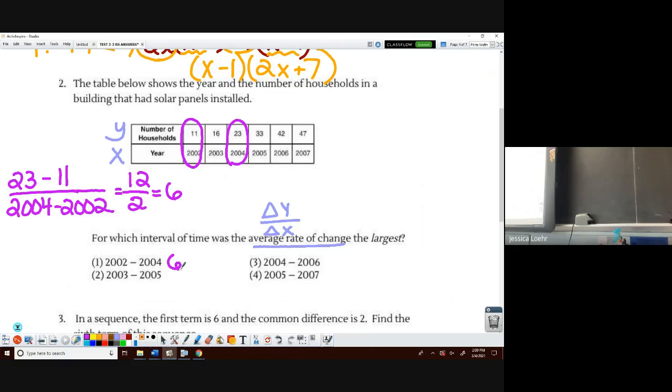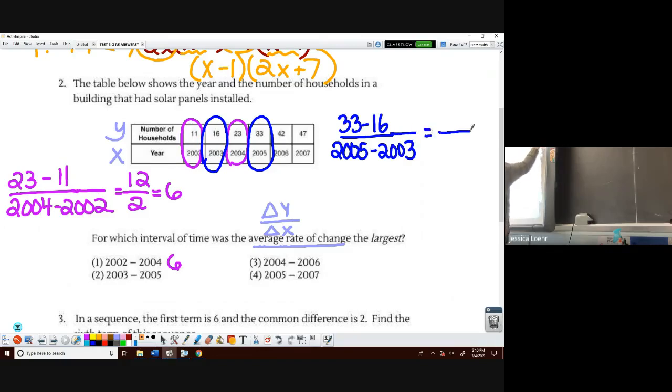Then you're going to do it for all the rest of the choices. 2003 to 2005, you're using these 2 points. So when I plug that in, I get 33 minus 16 over 2005 minus 2003, which is 17 over 2, which is 8.5.